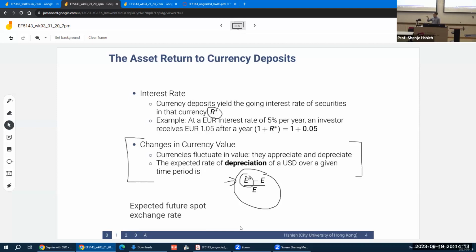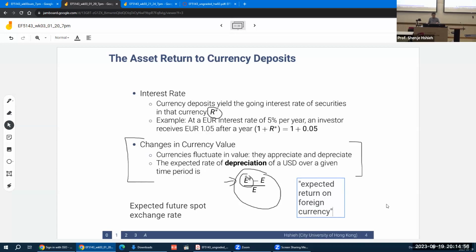The intuition is I emphasize expectation because it's about forward-looking beliefs. Imagine I can aggregate all traders in a market and collapse their beliefs into one central value, which is what E hat E is. The hat indicates it's estimated. So E hat E is the estimated expectation about the future spot exchange rate. So E hat E minus E over E is an average return on the foreign currency, the expected return on foreign currency.